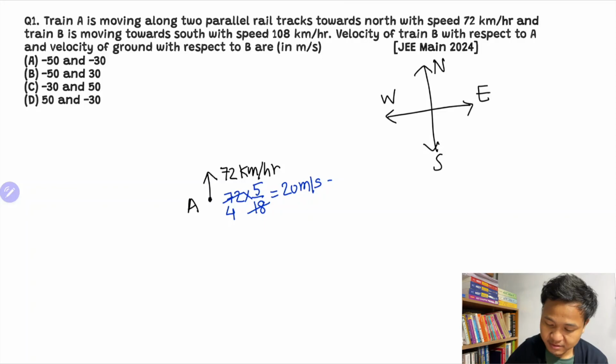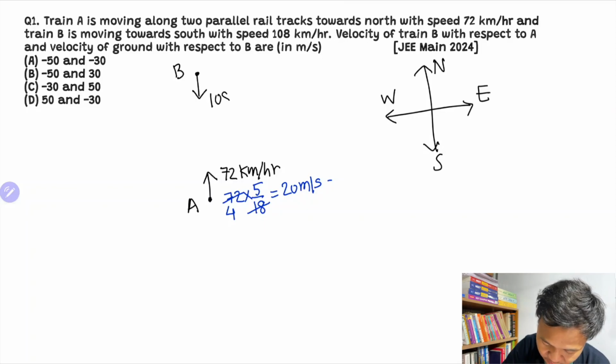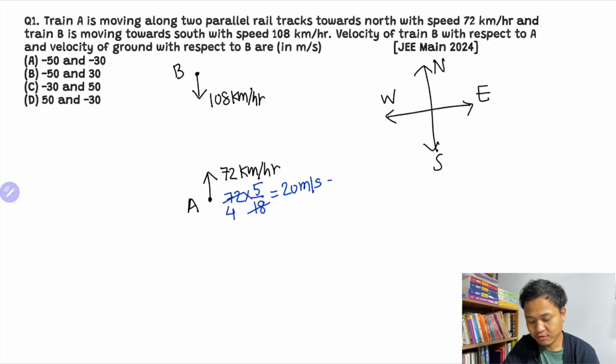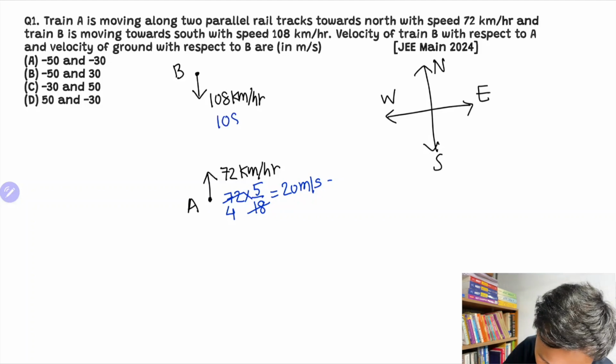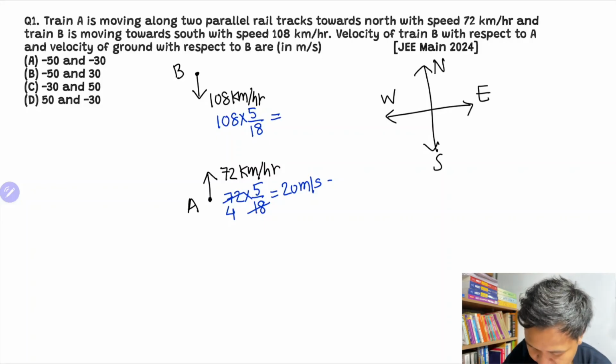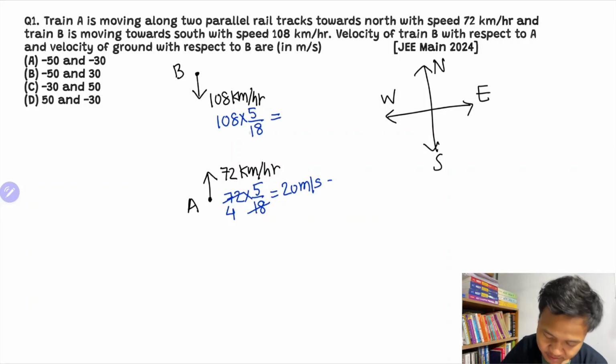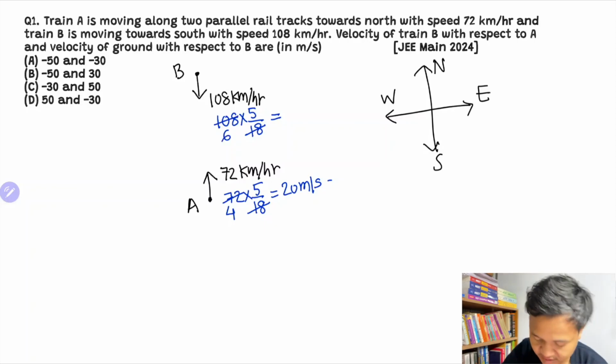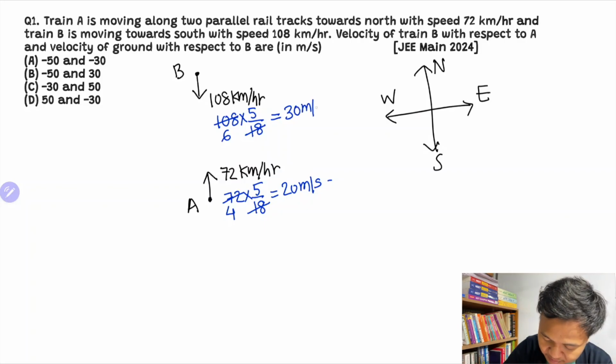Train B is moving south with 108 kilometer per hour. So 108 into 5 by 18, how much is this? 6 5s are 30 meter per second.